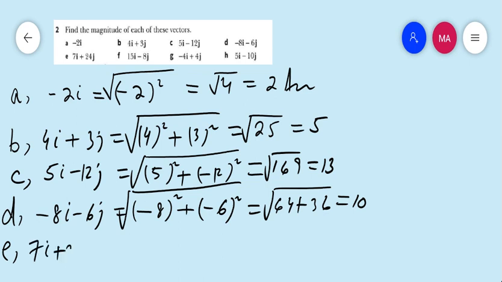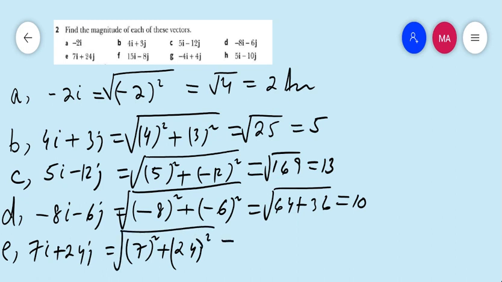Part E, 7i plus 24j. So it is the square root of 7 squared plus 24 squared.